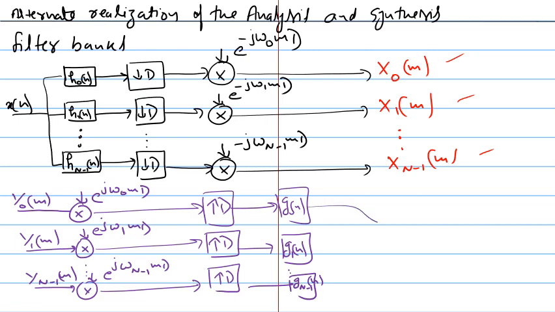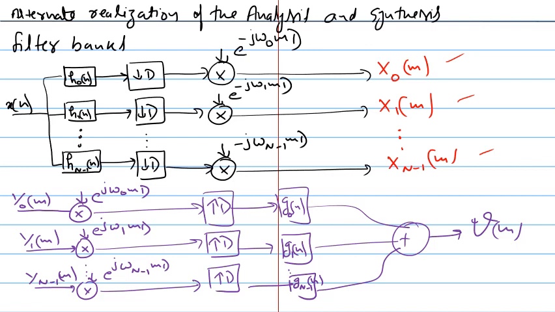Then it all gets summed up. So this will be your vn. And what are g naught n, g1n, and gN minus 1 n?